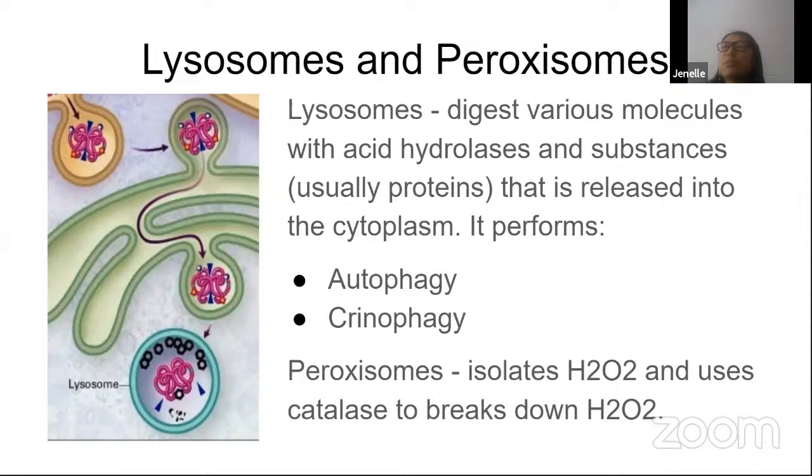Usually peroxisomes break down hydrogen peroxide into water and oxygen, so that it helps protect the cell. But peroxisomes also break down reactive oxygen species, which can come from fatty acid oxidation processes that happen in the cell. So this organelle is really there to protect the cell from any damaging remnants that come from other processes.